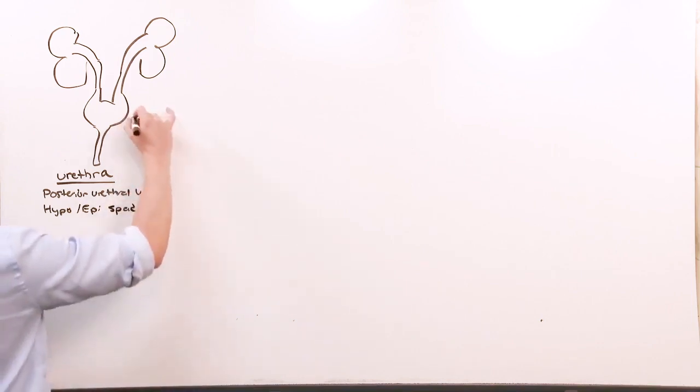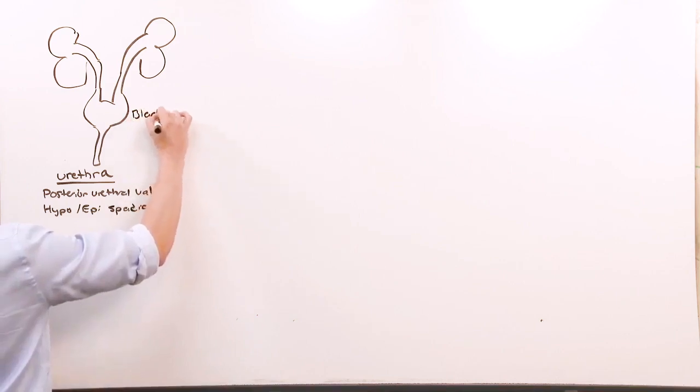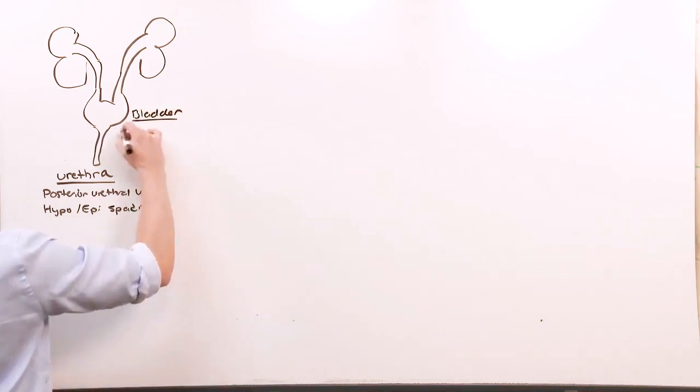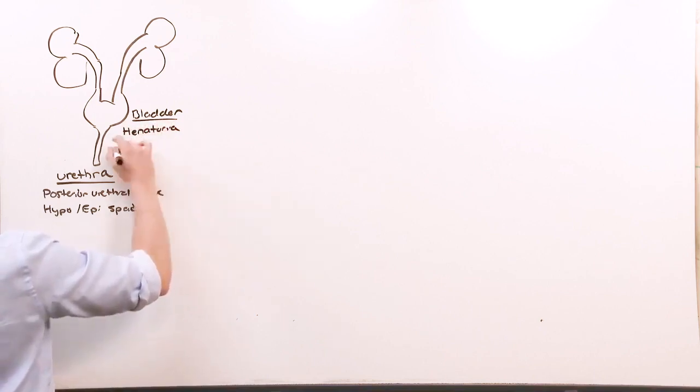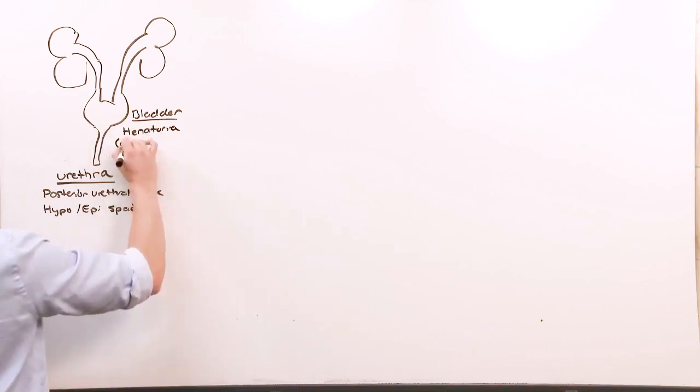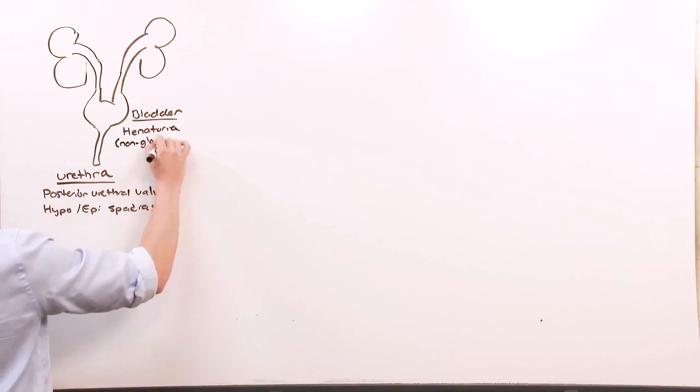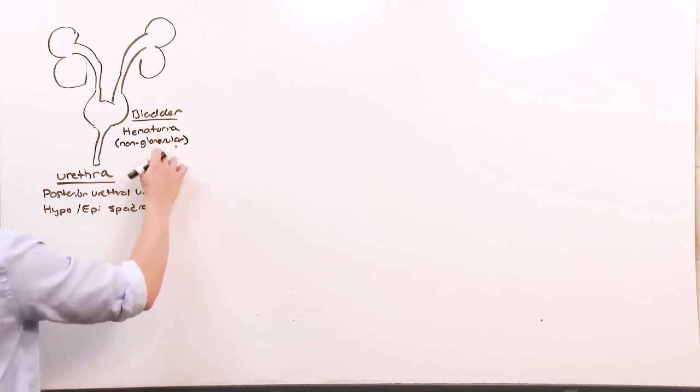A little higher up, you come to the bladder. At the level of the bladder, you're going to have issues with hematuria. But hematuria is going to be, at the level of the bladder, non-glomerular. We'll talk a little bit more about what that means.